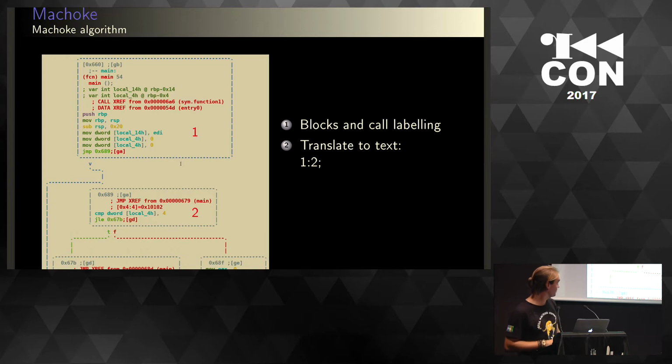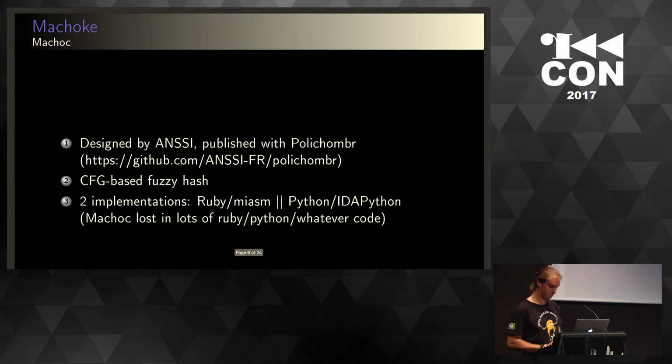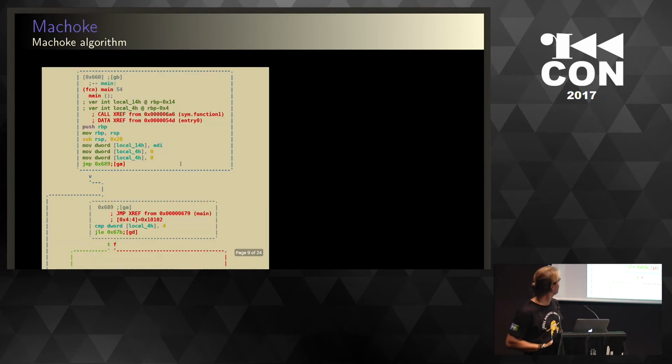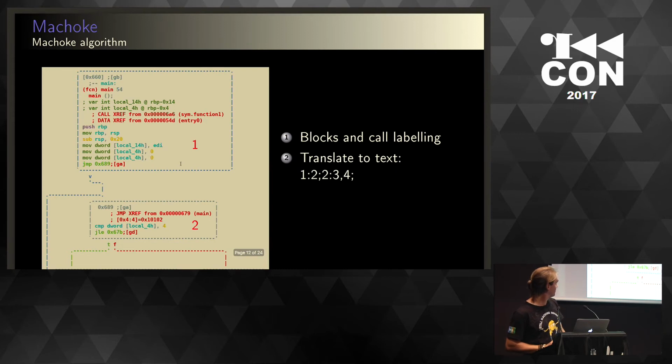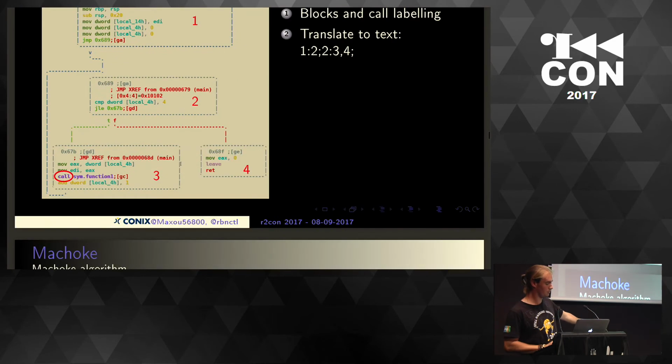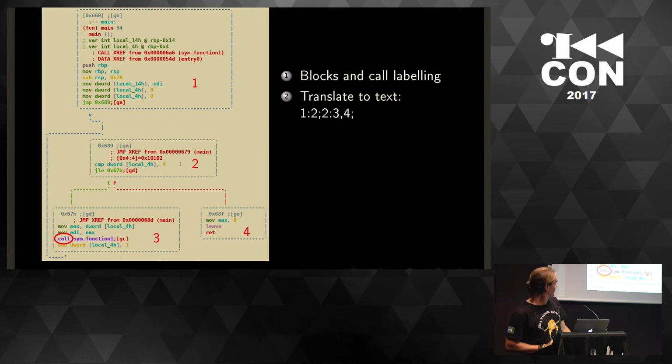Basically, we can see that the first code block is only jumping to the second one, so we translate it as the beginning of the string there. After this, we can see that block 2 is jumping to either 3 or 4, so we translate it to the string.